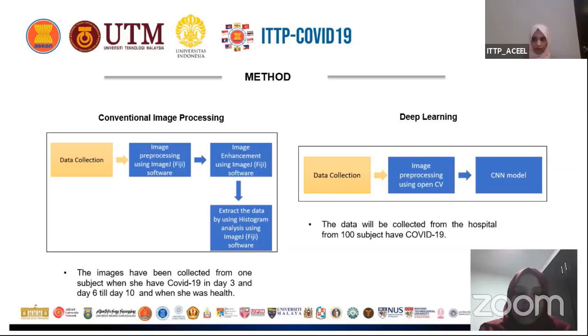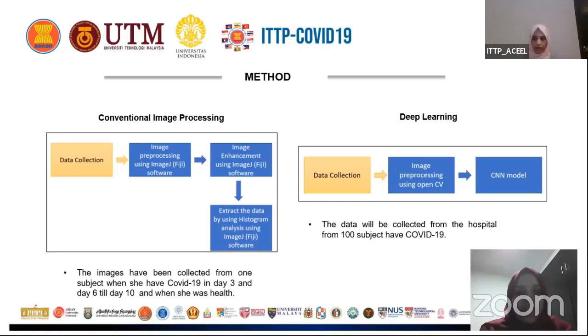So conventional image processing actually includes four main stages. First, data collection: we collected data from one subject when she had COVID-19 on day 3, and from day 6 until day 10, and when she was healthy.